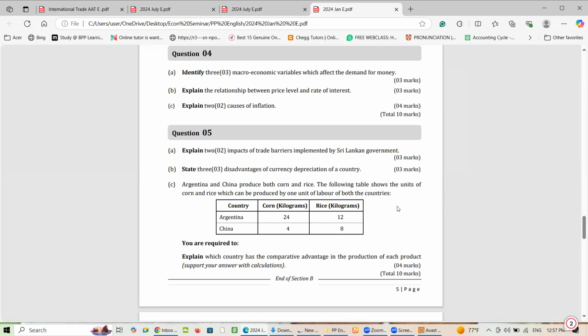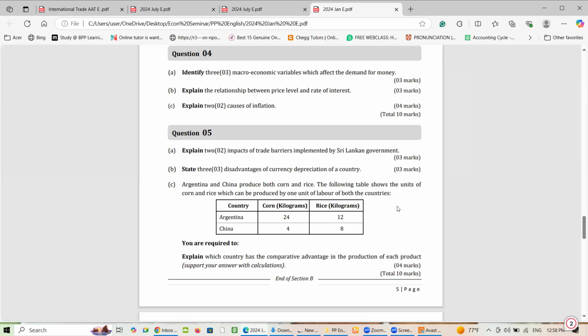Just take down as a question. My students, remember, if a particular country involves or engages in international trade, that country should have absolute advantage. If a particular country doesn't have absolute advantage, it doesn't involve in the international trade.